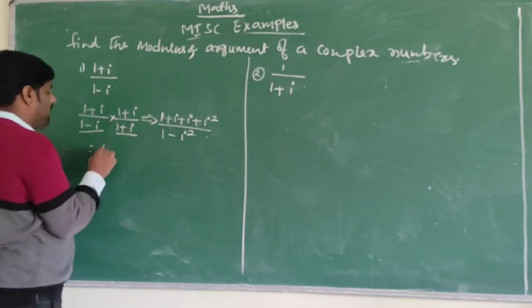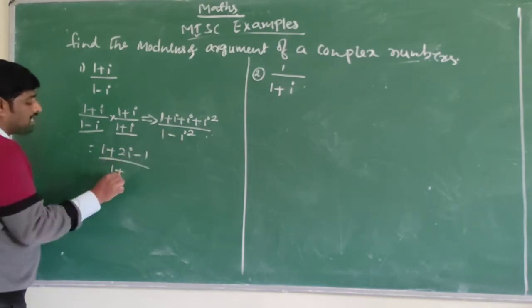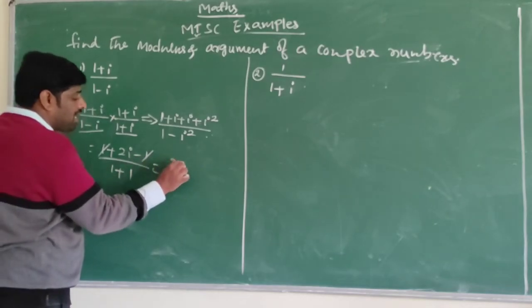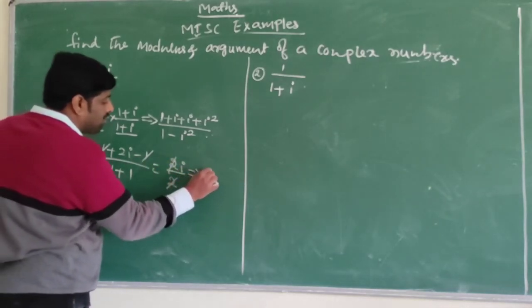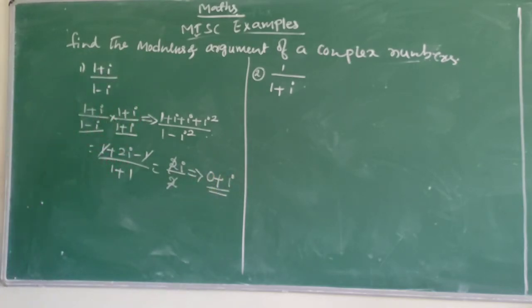So 1 plus 2i minus 1 divided by 1 plus 1, so 1 gets cancelled, that is 2i divided by 2, 2 gets cancelled, this is nothing but 0 plus i.